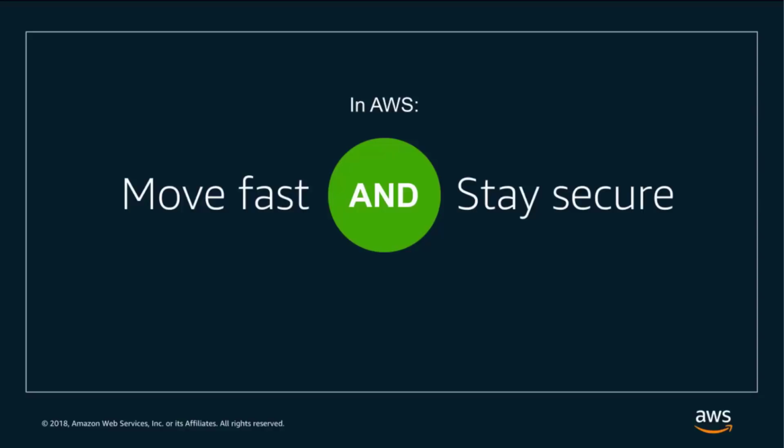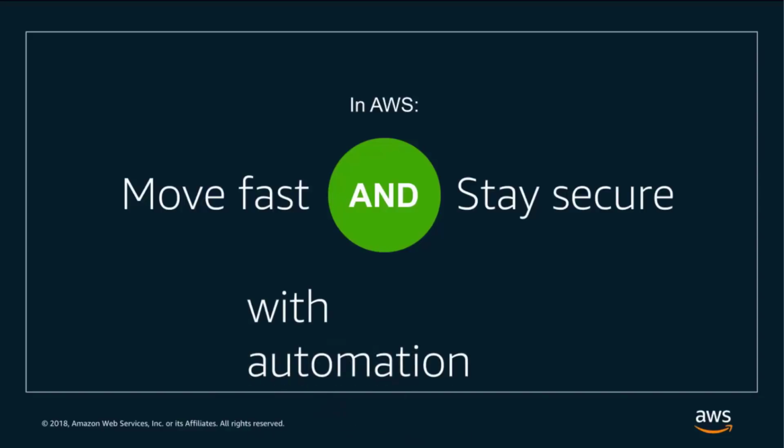So how do we achieve that high velocity while staying compliant and secure? Well, the key to that is automation, and it is the magic ingredient. Today we'll talk about specific options for how to implement automation. But before we can do that, we'll cover some of the basic AWS services that make that possible.